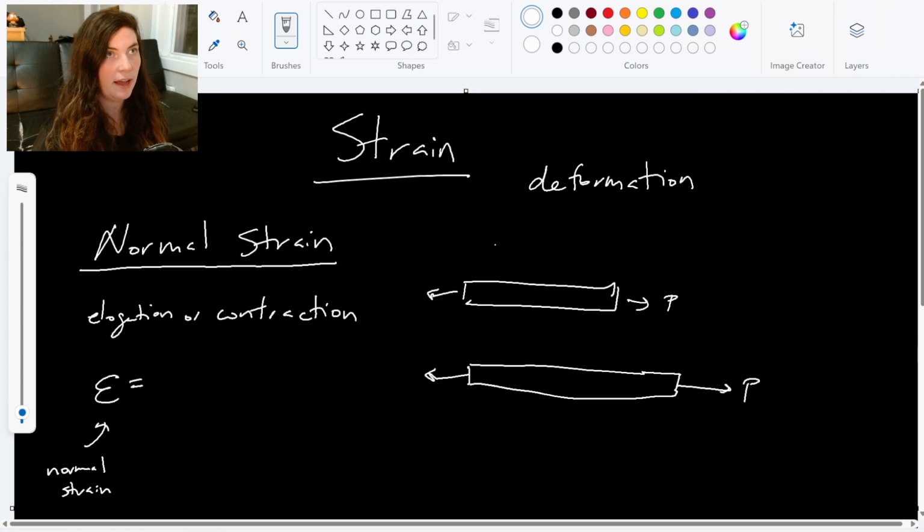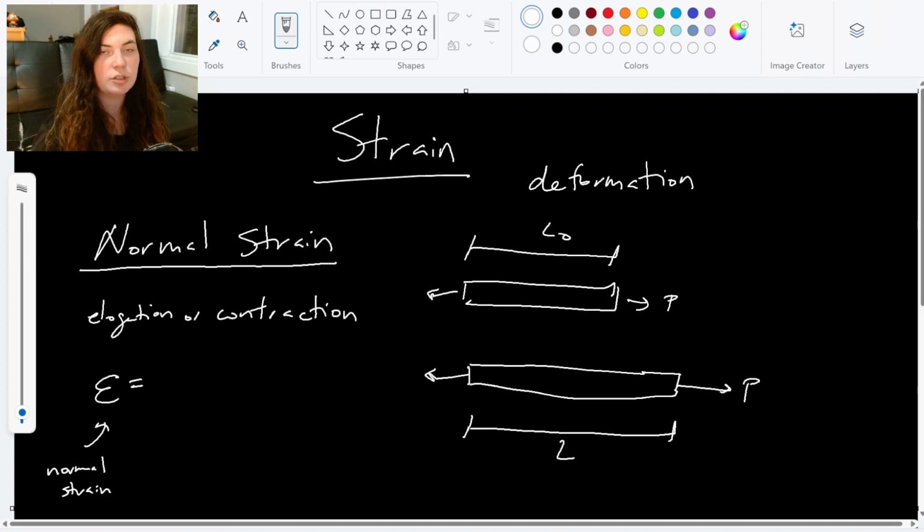Equals, I have this initial length here, right? This is my body before it undergoes the deformation. Then once it's under that normal stress, it deforms and becomes longer. It's a description of that change. So it's the length minus the initial length divided by that initial length, right?